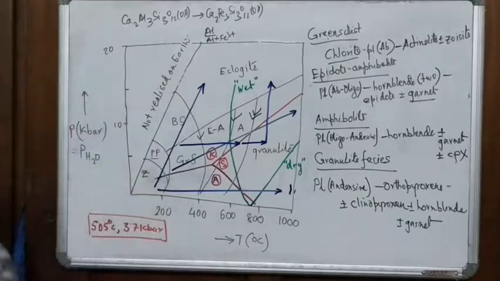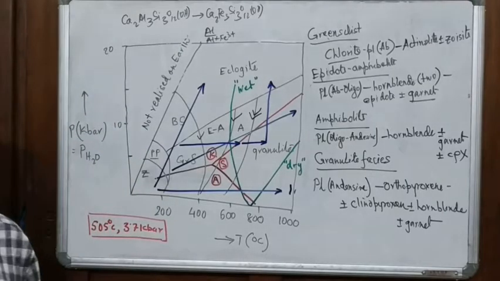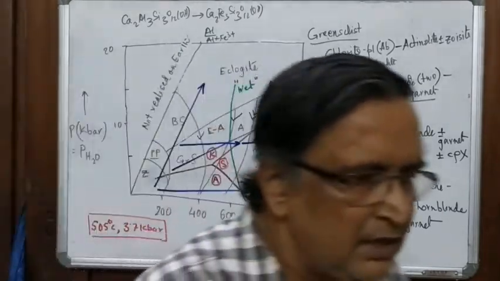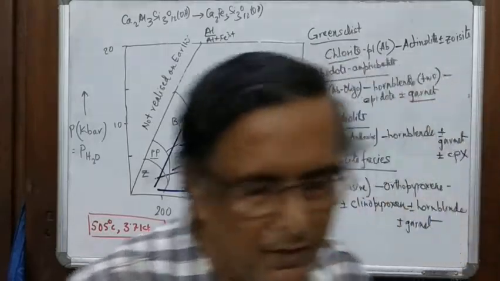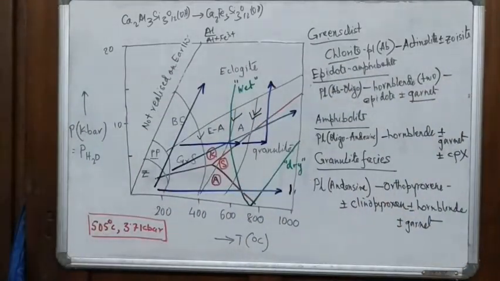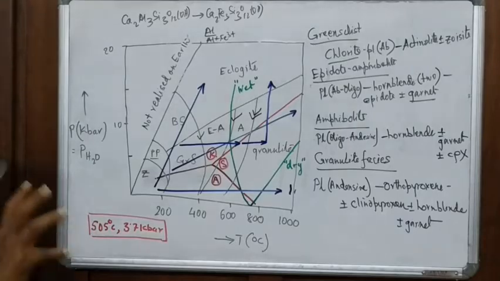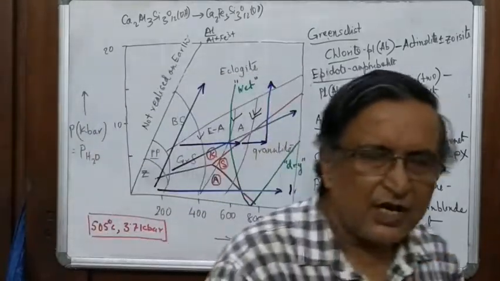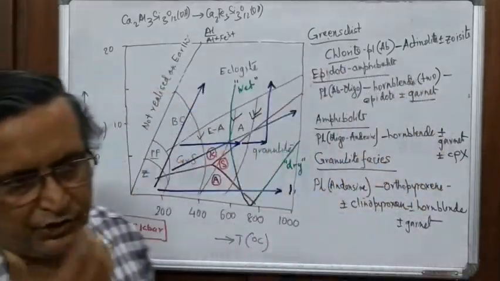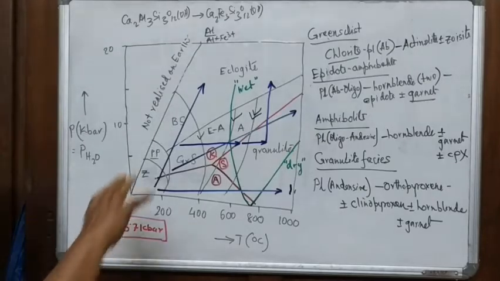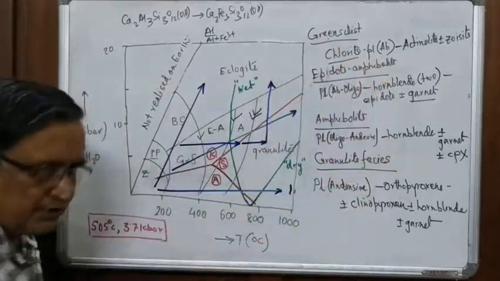But before doing that, I think it is very important for us to study certain minerals very carefully. The most complicated minerals in this are three minerals essentially. See, all the minerals that I have written are solid solutions.